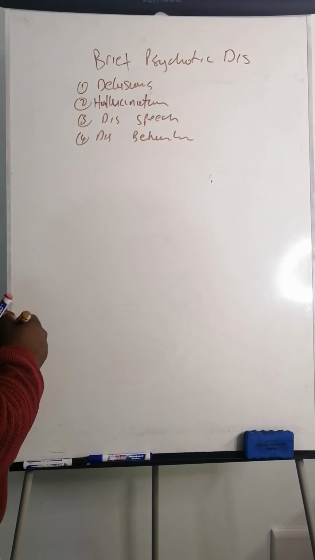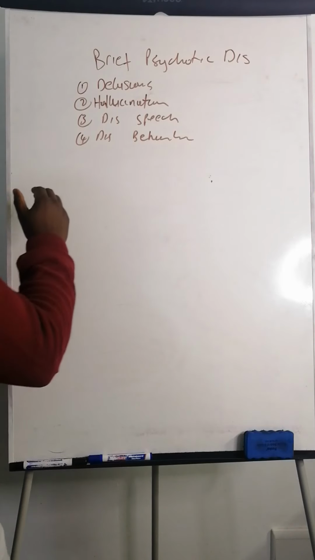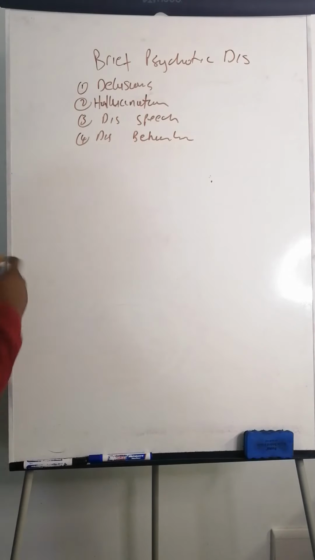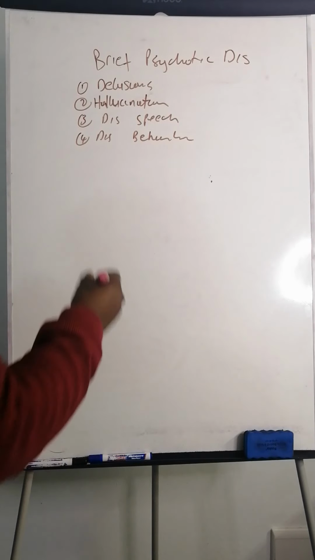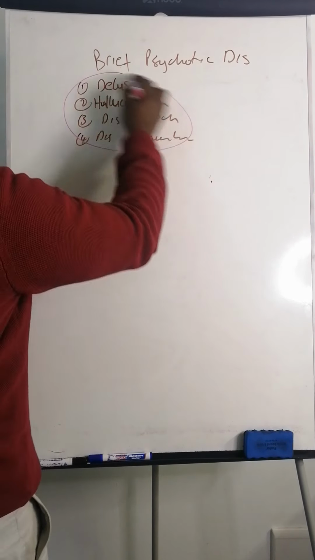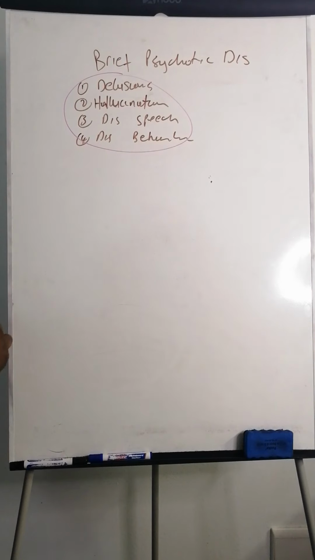Now what is left for us is to decide which one the patient has. These symptoms are found in all patients that have got psychotic disorders, but the combination will vary, obviously, like I said yesterday.